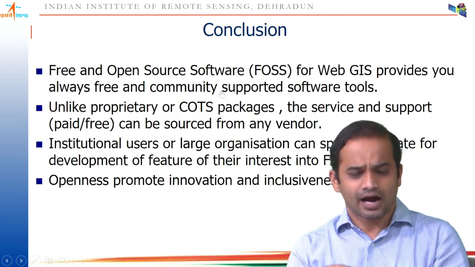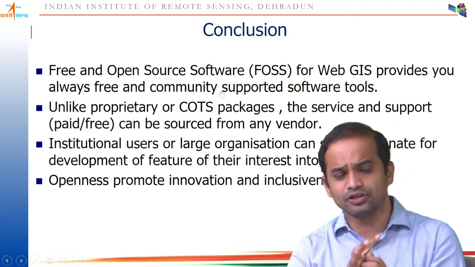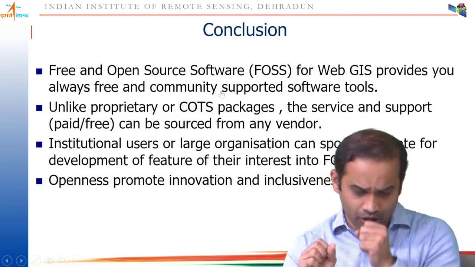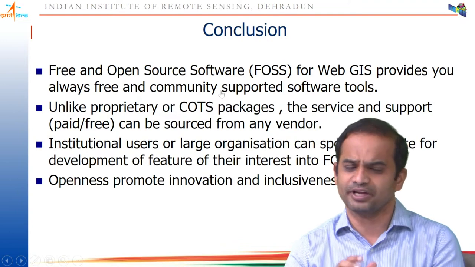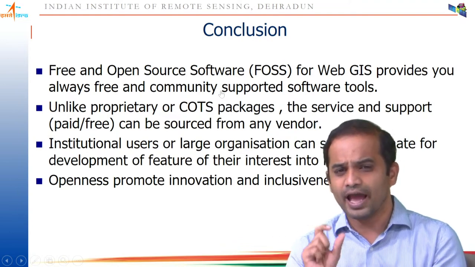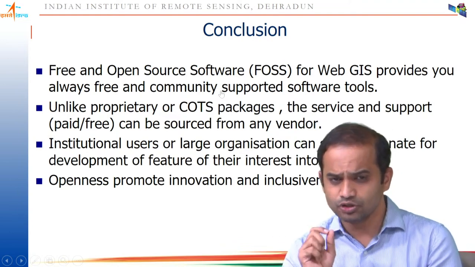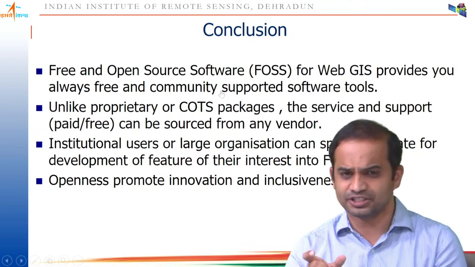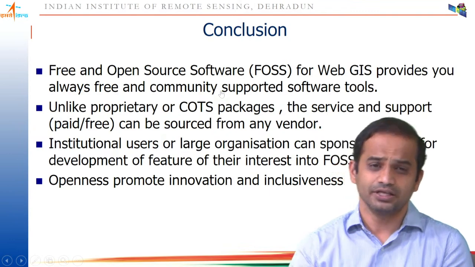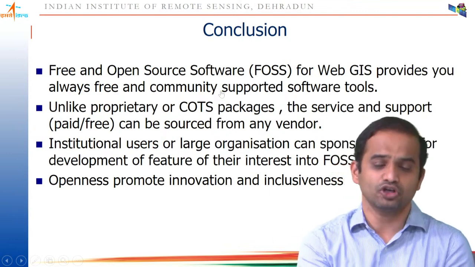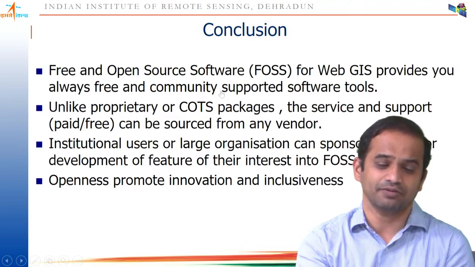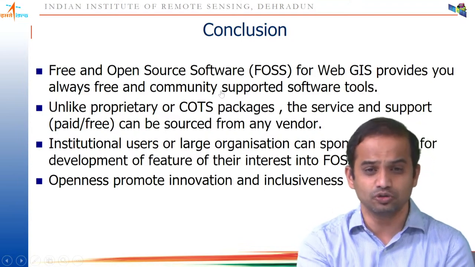But consider another scenario: you require some feature which is not available in any software. You choose a free and open source software like QGIS or GeoServer, and you fund them or their organization, like the OSGeo Foundation, to develop some feature. This feature will be developed because you are paying for it. To your satisfaction, the feature will be developed and tested, and you can use it.